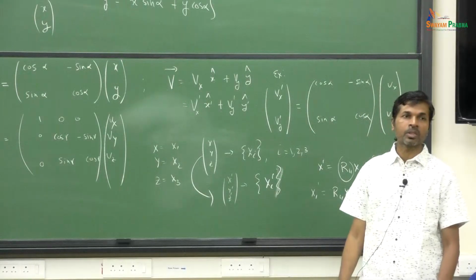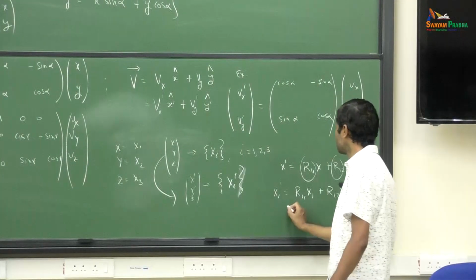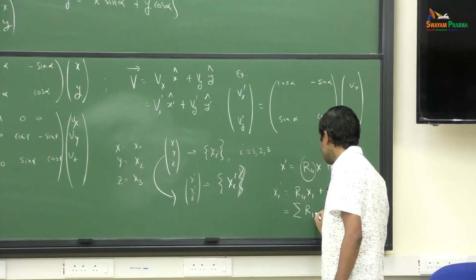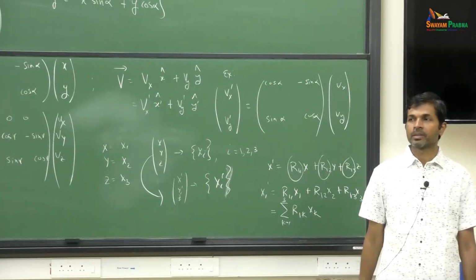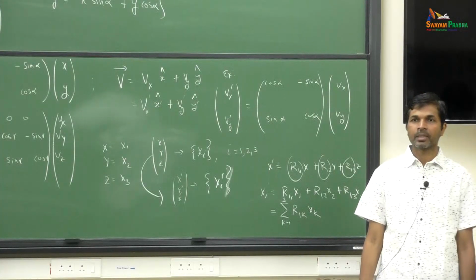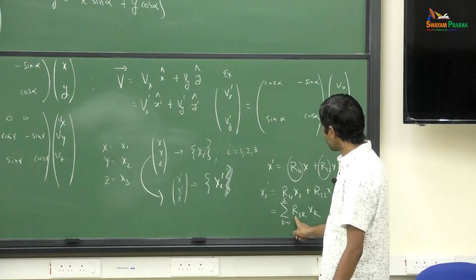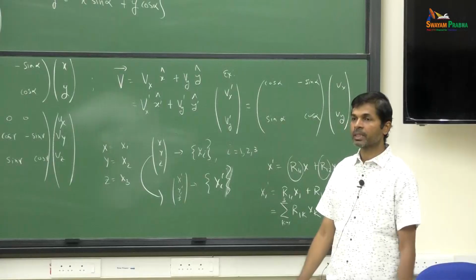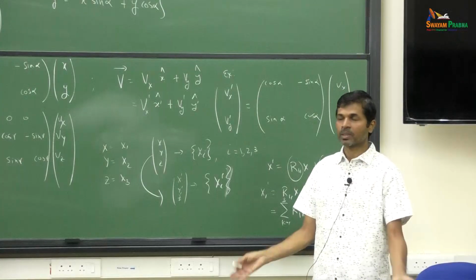Now you see why I have introduced this index notation, because now it will be very straightforward for me to write it as r1k xk, where k is summed from 1 to 3. This is how it will be. Right? Similarly, x2 prime will be some coefficients r21 x1, r22 x2, r23 x3. I don't know what the coefficients are, but I call them r11, r12, like that.